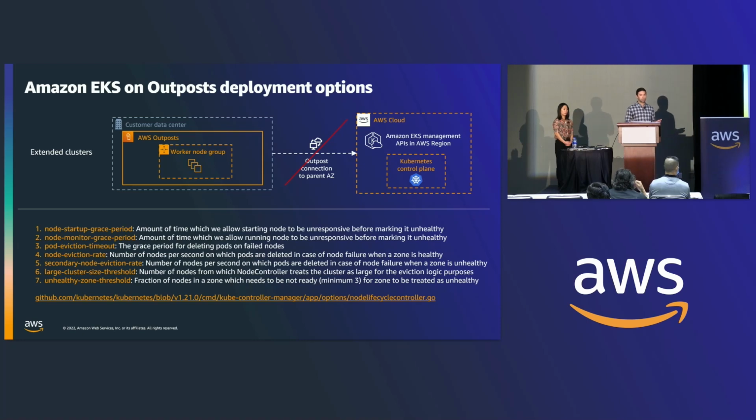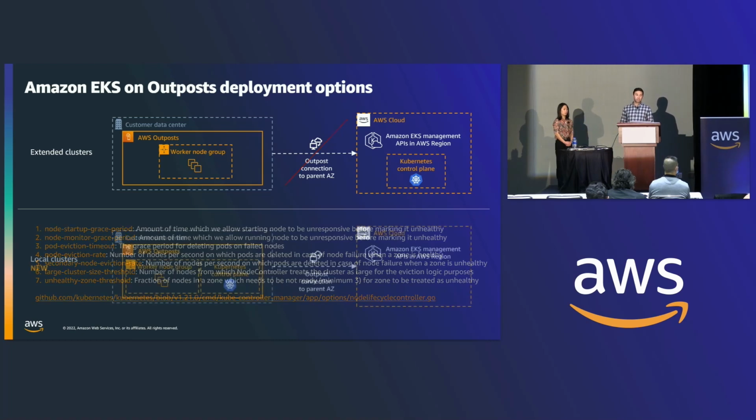With extended clusters, we call it that because the Kubernetes control plane runs in the AWS region and only the worker nodes run on Outposts. So that cluster is extended across the wide area network, which is typically a direct connect link or another reliable source. But our customers have told us that that connection between the worker nodes running on the Outpost and the control plane that runs in the cloud can go down.